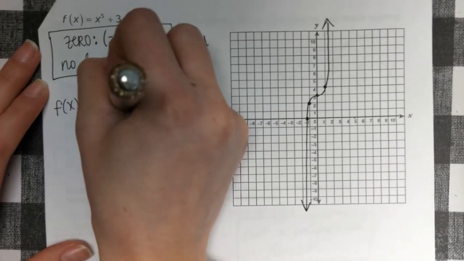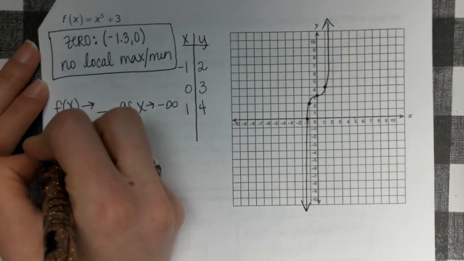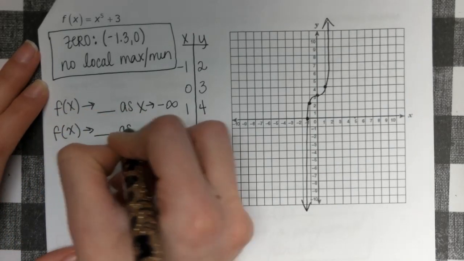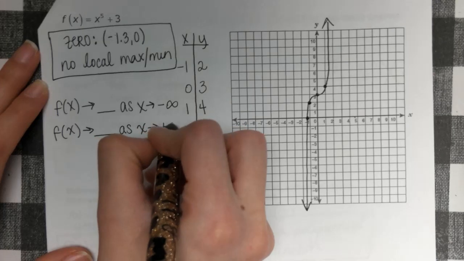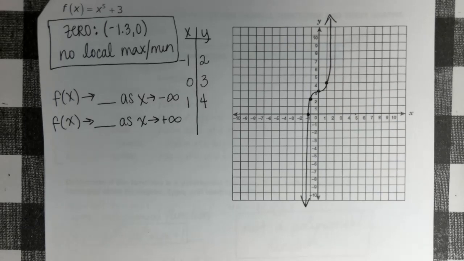Then once you graph that, we're going to do our end behavior. So as x approaches negative infinity, where's my function going?